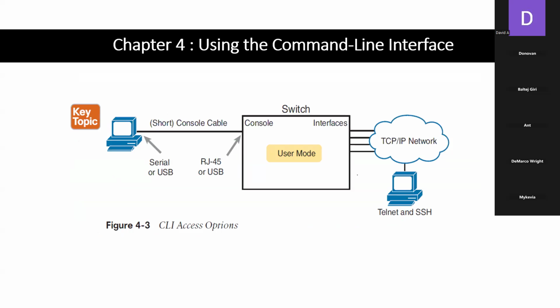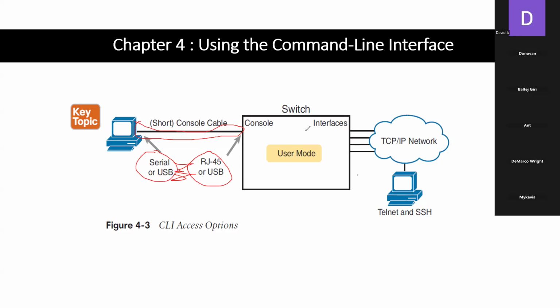A couple of ways. This diagram you probably see, we have a connection from the PC directly to the switch. That connection is called a console connection, using a console cable. The different types of console cables we have: a serial or a USB cable to an RJ45 or a USB. So it can be one of the options.